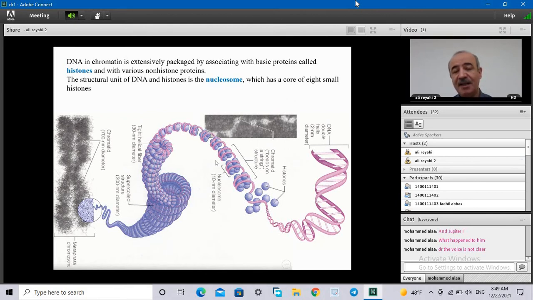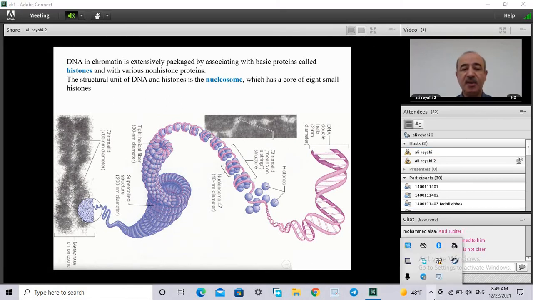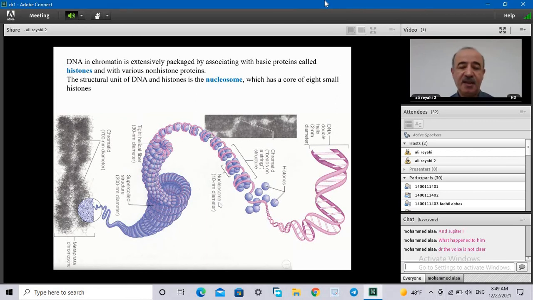And you can see here the DNA strand is turned around the histone proteins, octamer histone proteins that form the nucleosome. Nucleosomes are subunits of the chromatin and chromosome.